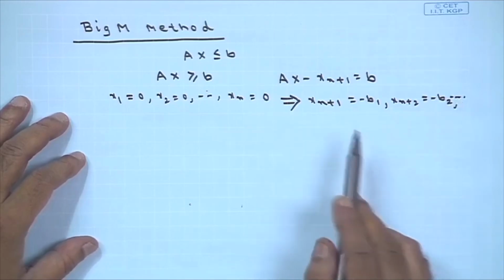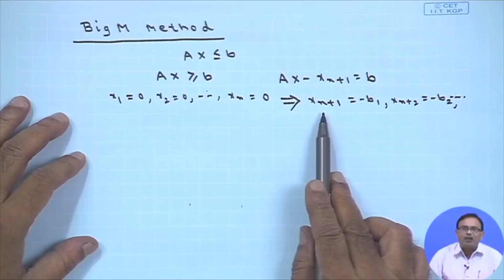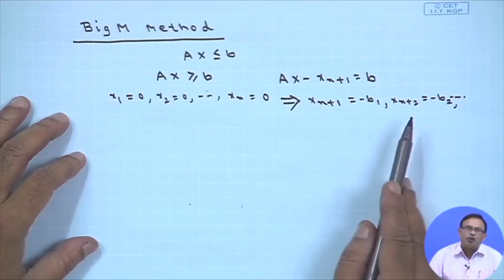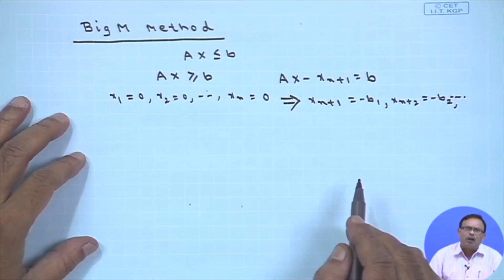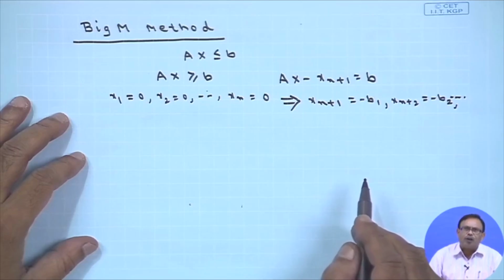So, you see the variables x n plus 1, x n plus 2 are all negative, but in our LPP we have told that all the variables must be non-negative. So, this is a problem.